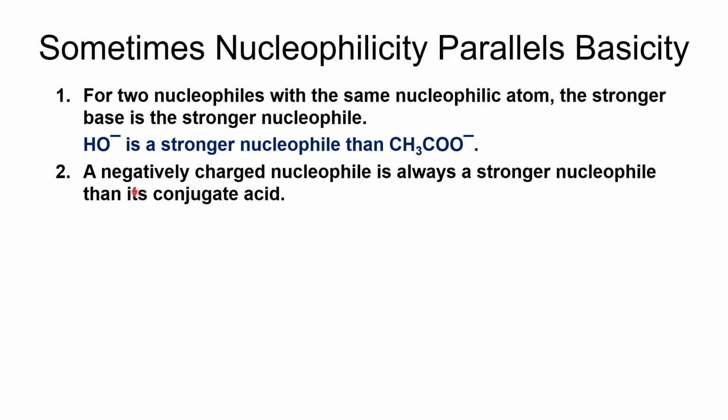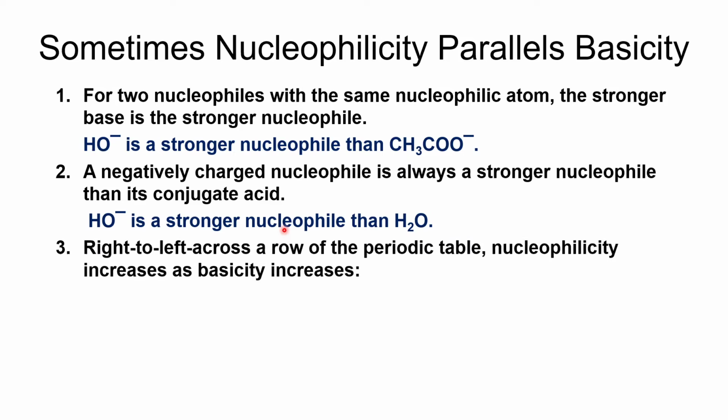We'll also find that a negatively charged nucleophile is always going to be a stronger nucleophile than its conjugate acid. So hydroxide is a better nucleophile than water. This is always going to be true. As we move across a row of the periodic table, nucleophilicity increases as the basicity increases.